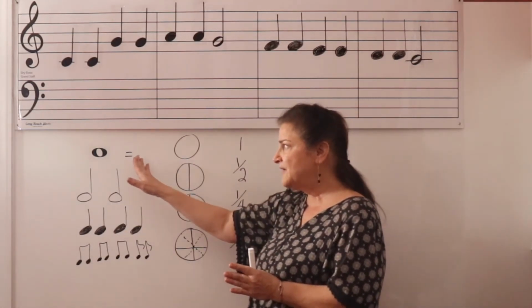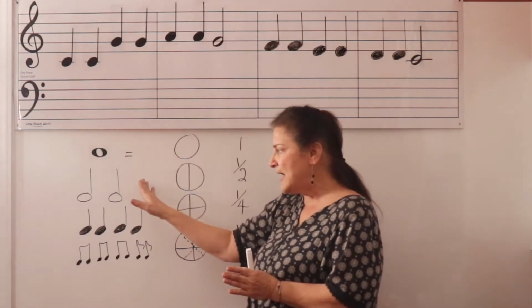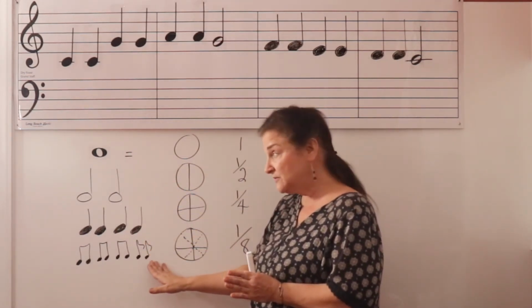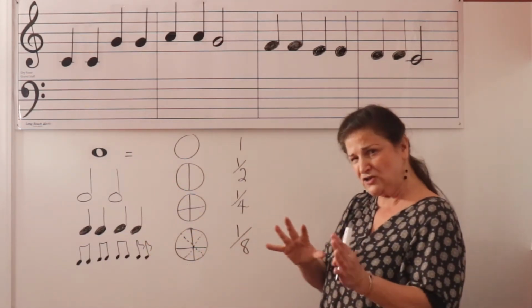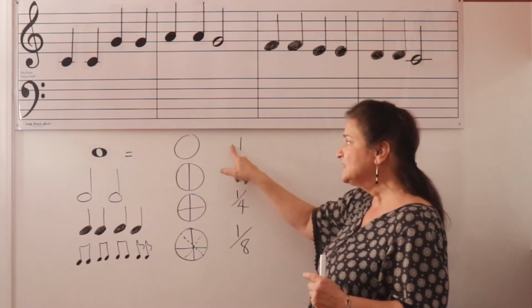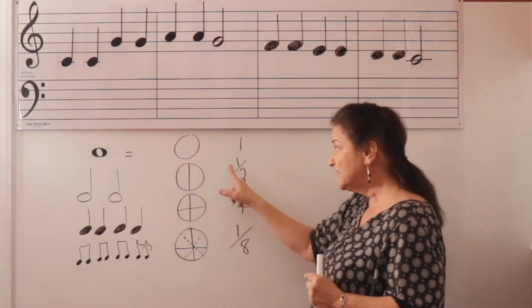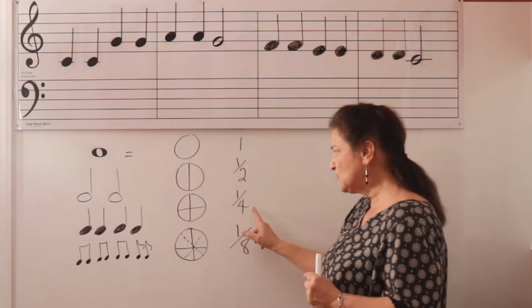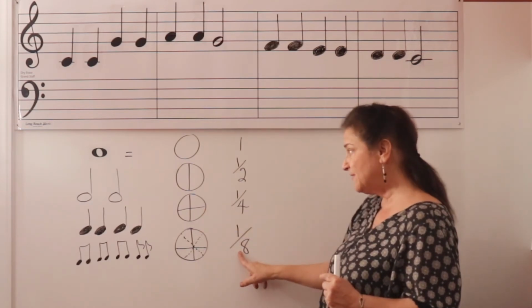When we have whole, half, quarter, and eighth notes, this is where the fraction comes in a little bit. That's a whole, that's a half, that's a quarter, and that's an eighth.